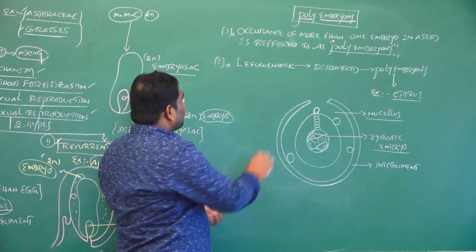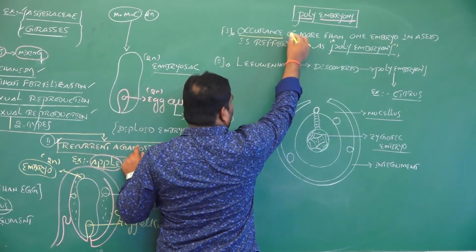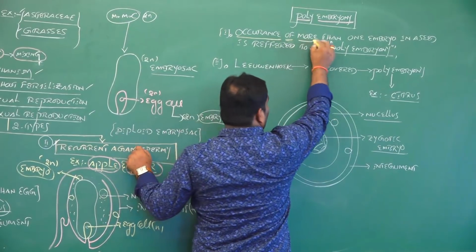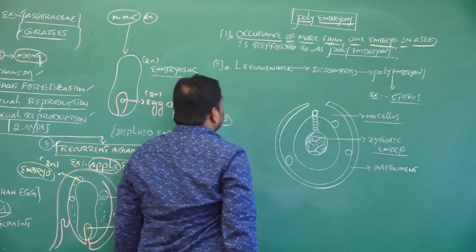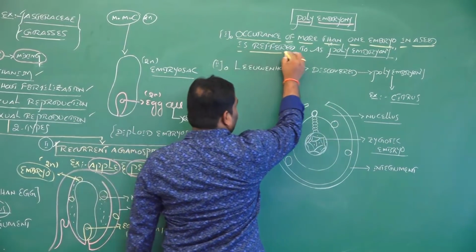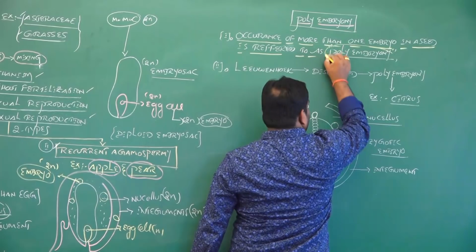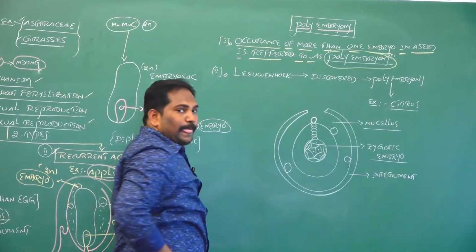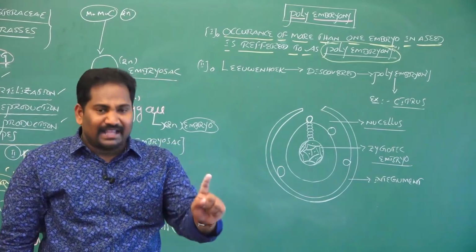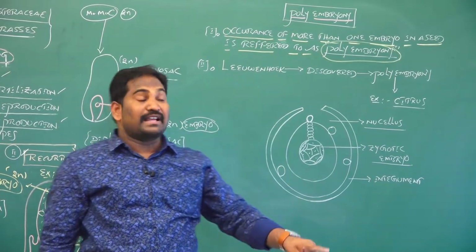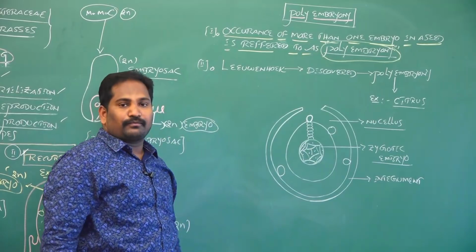The definition is occurrence of more than one embryo in a seed is referred to as polyembryony. Presently, generally one seed has one embryo. If one seed has more than one embryo, it is called polyembryony.